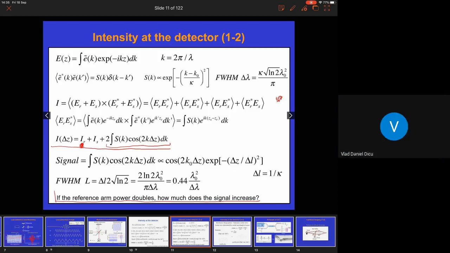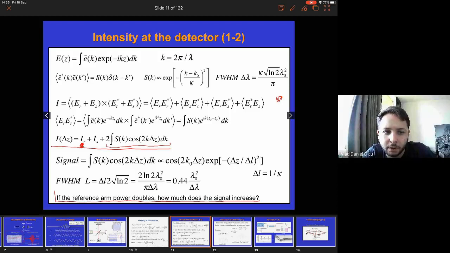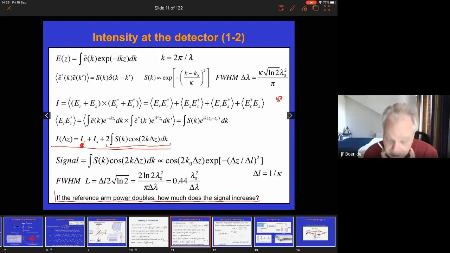Yes, so I think you will see a difference there because the second term, that integral, is formed from the reference and the source. So yeah, if you increase the intensity of the reference, of course, it's gonna influence that underlying term. Okay, and can you tell me by how much?